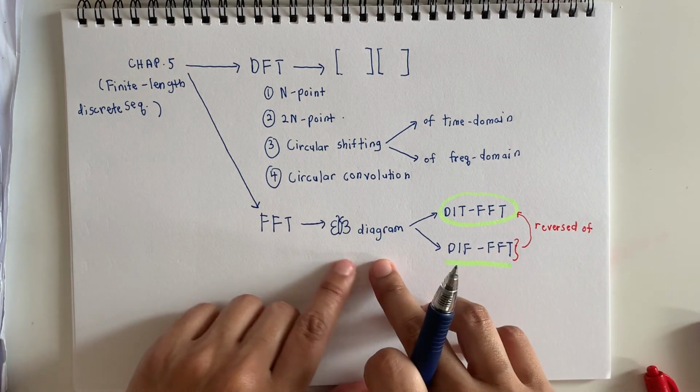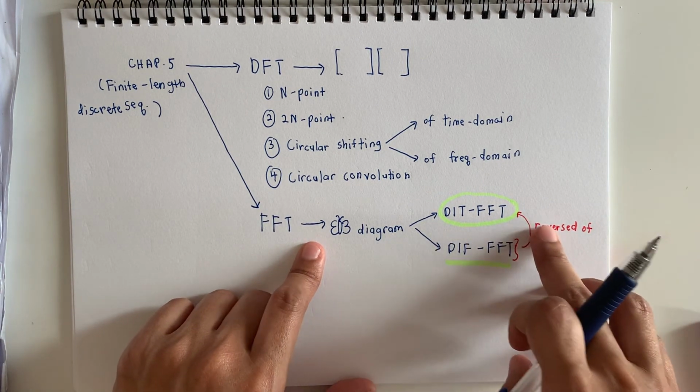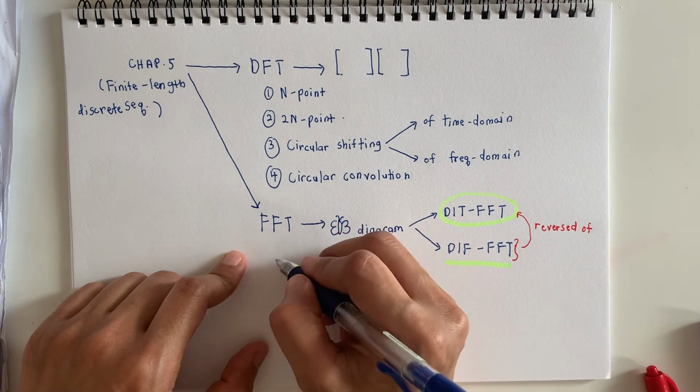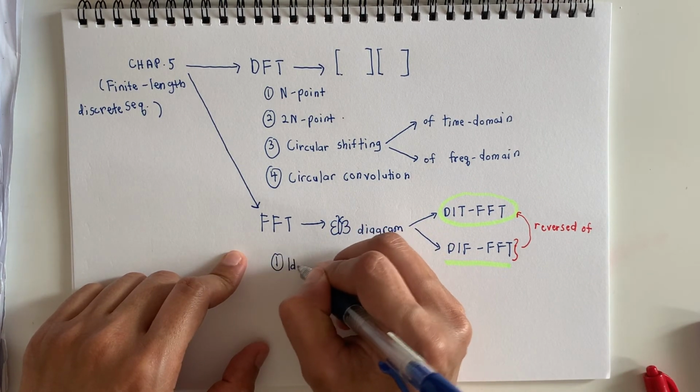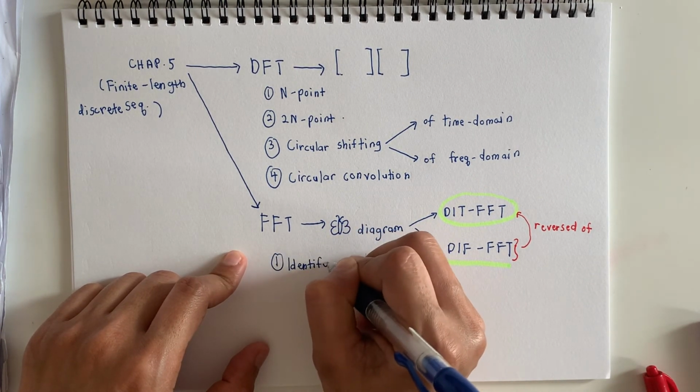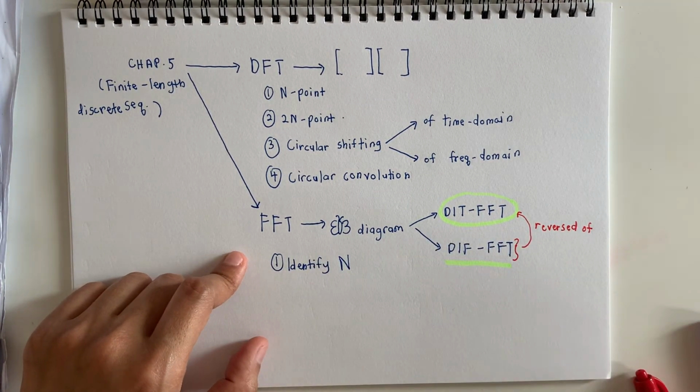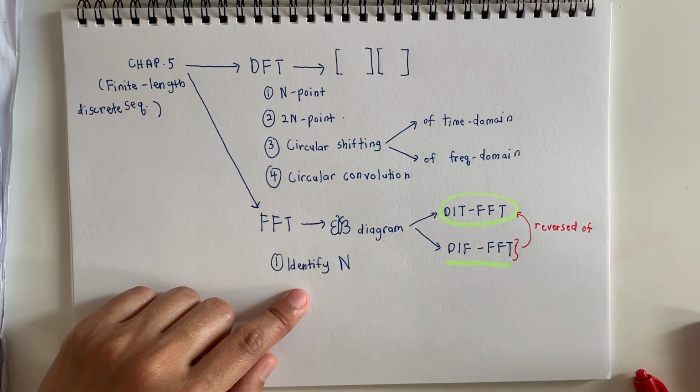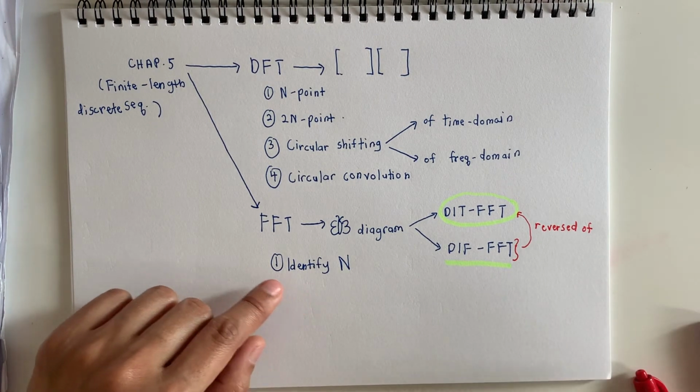For DIT FFT and DIF FFT, the first step is to identify your capital N value. How to know your capital N value? It is from length N, N-point, something like that.